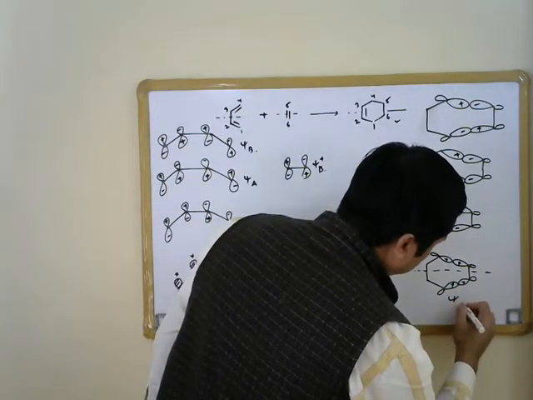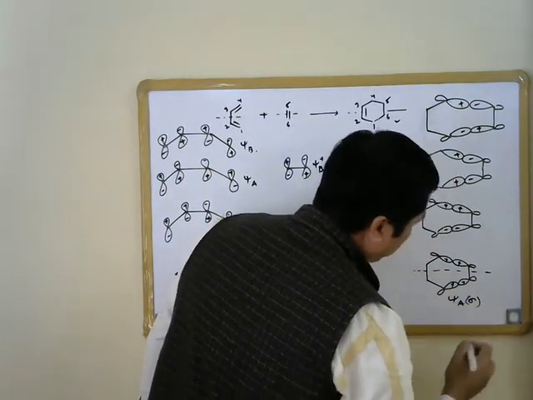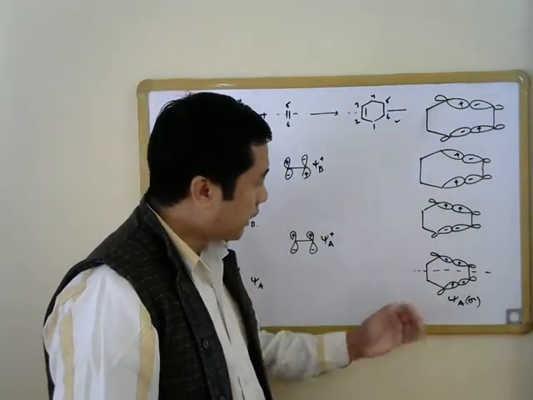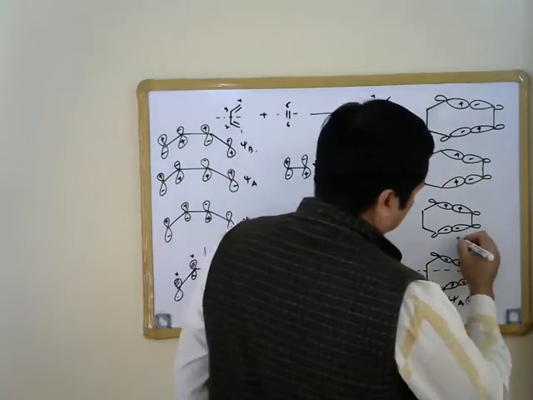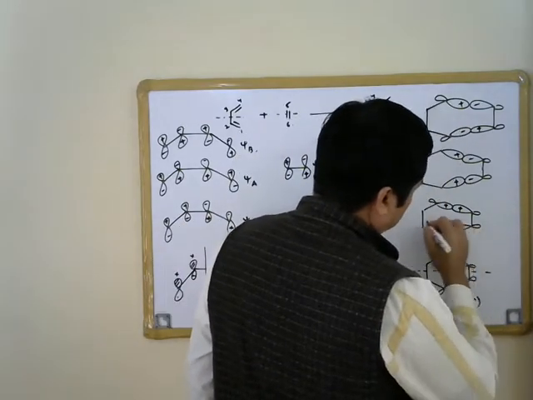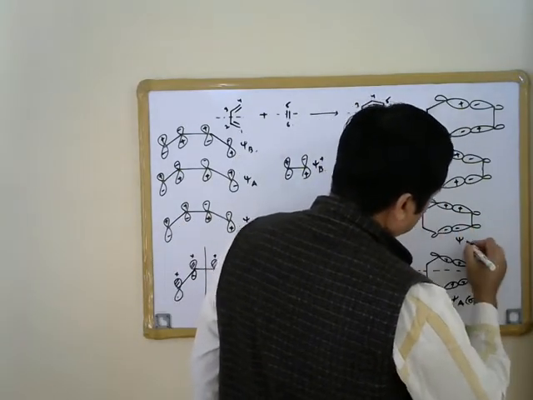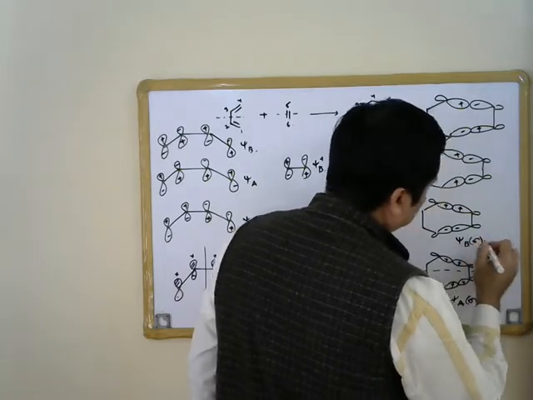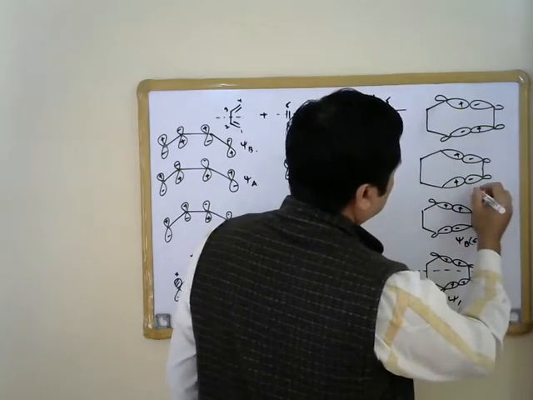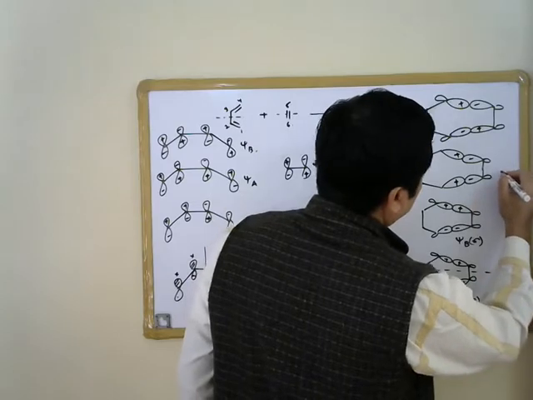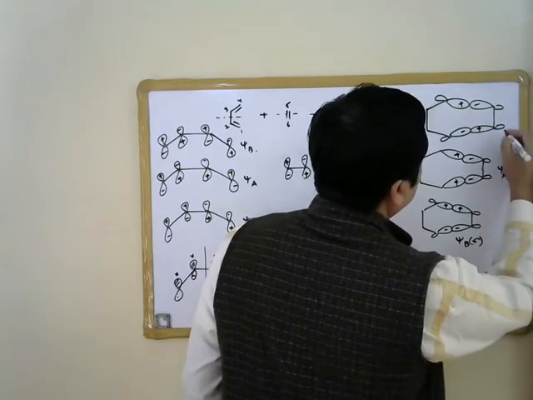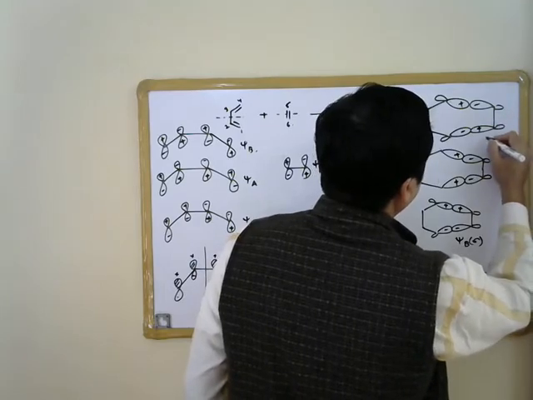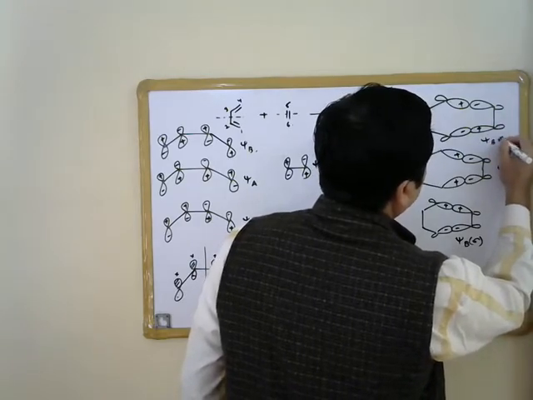This is symmetric, so we label it as psi A sigma. This one is antisymmetric, so psi B sigma here, and this is symmetric, psi A sigma, and this one is psi B sigma.